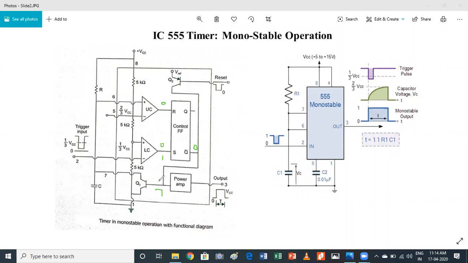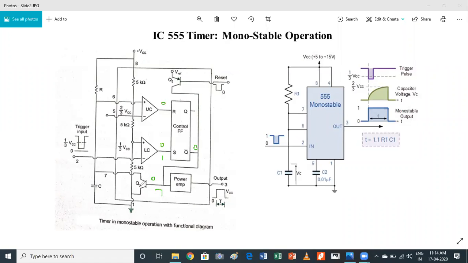Okay, here I am getting low. Low means very minimum voltage, so the base of the transistor won't get sufficient voltage to turn on. So that's why the transistor becomes off.